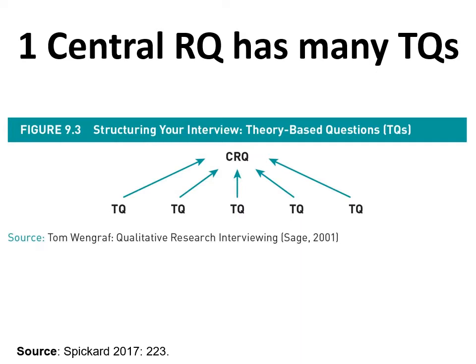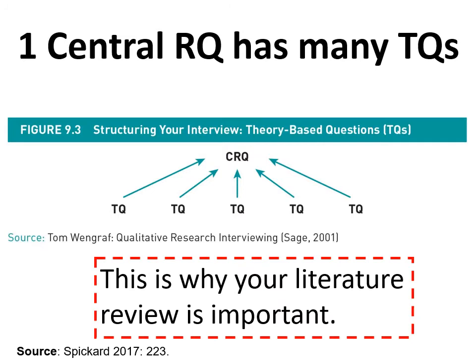So he actually got it from Tom Wengraf in Qualitative Research Interviewing, written in 2001 by Sage. Sage is also the company that published his book. But here's a source. So he's saying, here's this figure that I'm using, but actually this dude, Tom Wengraf, made it. So that's very good of him to do that because he's not engaged in academic misconduct. So this is why your literature review is important, that it helps you think about answers to your central research question.